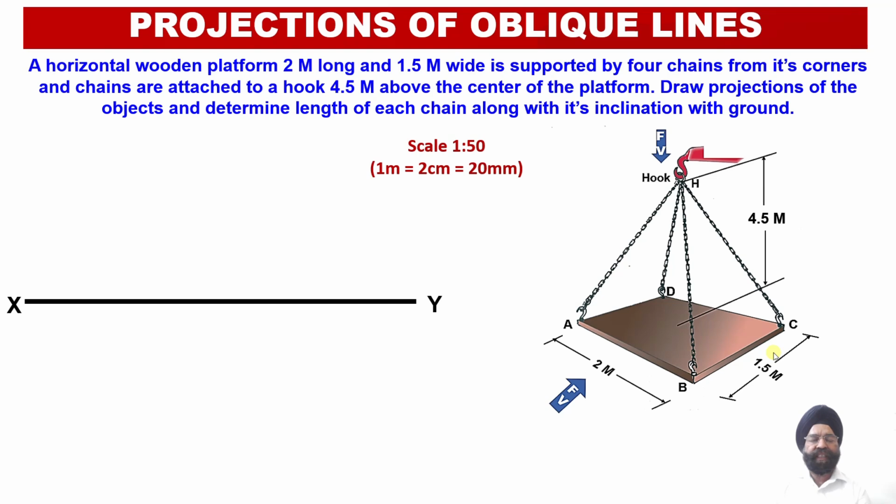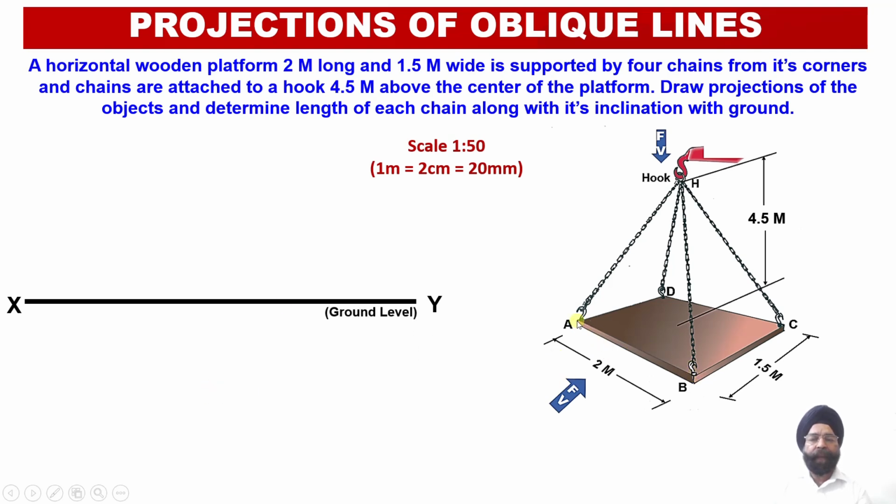So we have this XY reference line. We know the dimensions of this wooden platform, marked as 2 meter by 1.5 meter. Since this is our front view orientation, first of all we are going to draw the top view projection corresponding to this wooden frame.